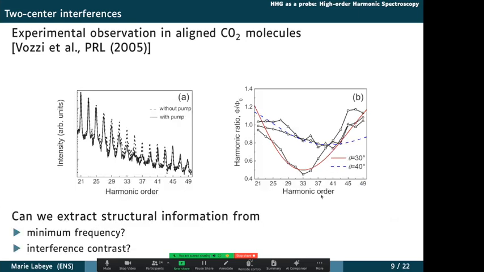And so the question would be, can we link this destructive interference that we see here to structural interference of the emitting molecule? And how, and what model can we use? And basically, it's the minimum position and the interference contrast. Can they be related to something that's happening in the molecule?